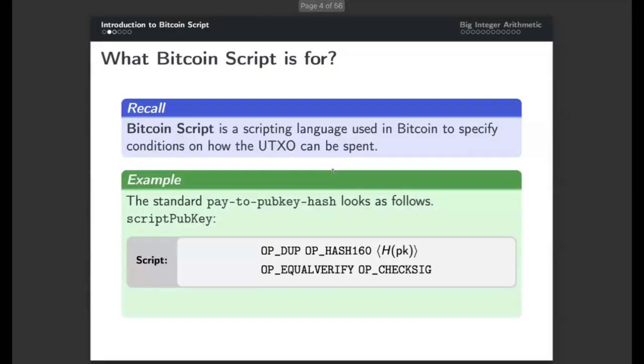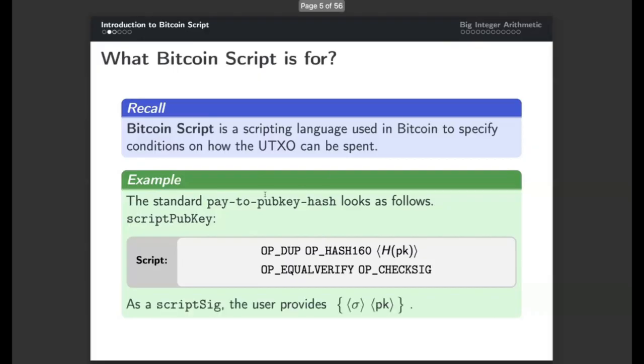Probably the most popular example of Bitcoin script is the so-called pay-to-pubkey-hash. When you specify the conditions for UTXOs, you have two parts. The first part is the script pubkey. This is the condition which specifies how you can spend the UTXO.